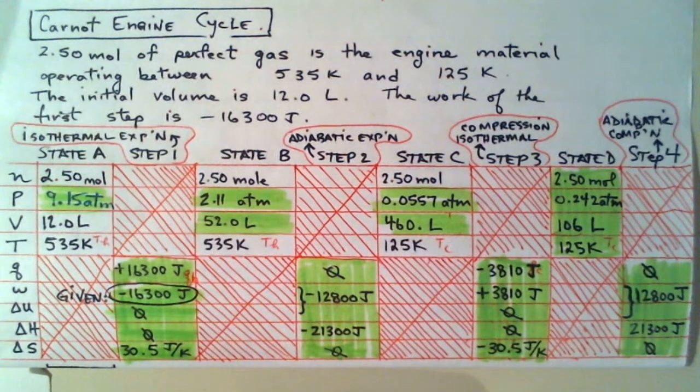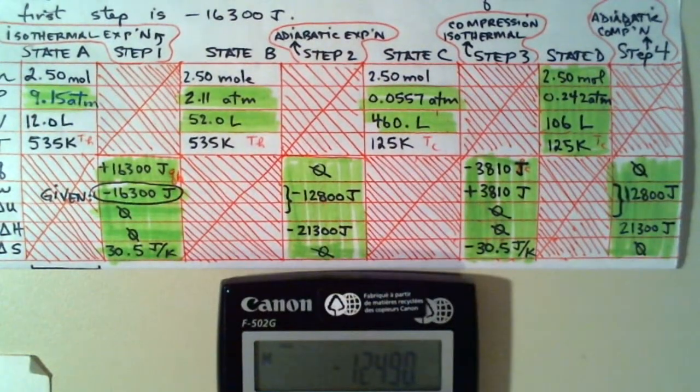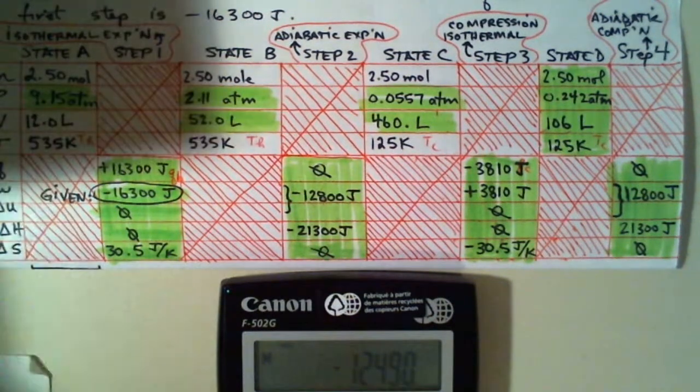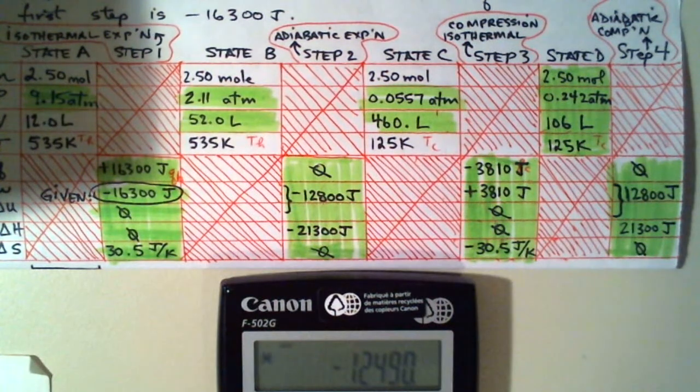So minus 124.90 for the work, or in other words, the total work is a negative 12.5 kilojoules. So that's my useful work because it's leaving the system. So my engine can do in one cycle 12.5 kilojoules of work. That's good.